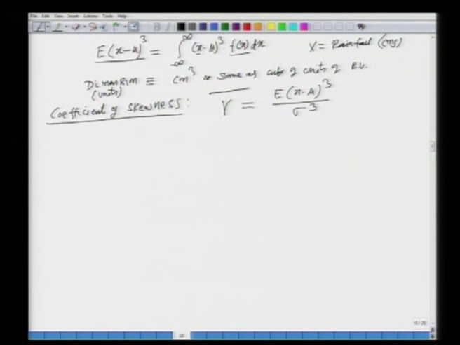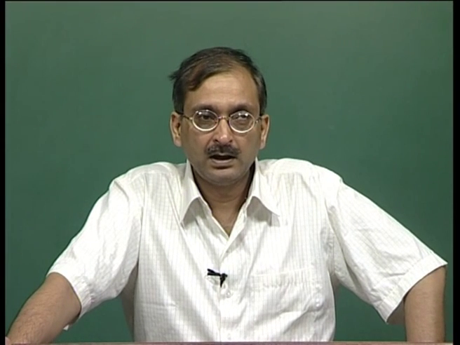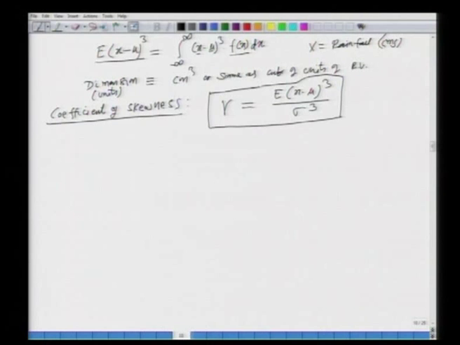So, this is nothing but coefficient of skewness, which is expected value of x minus mu cube or third moment about the mean divided by the standard deviation to the power 3. Okay. All right.